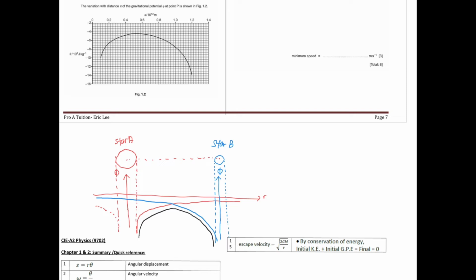Hopefully you now know why the graph is like that, and now let's move on with the questions. Let's see the next part.